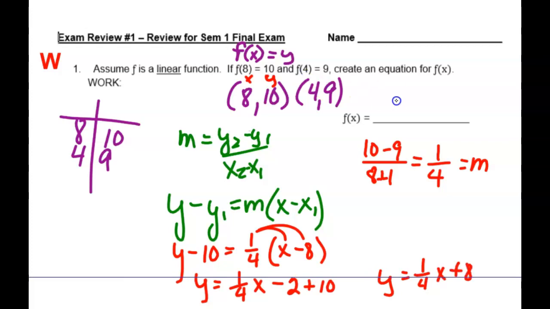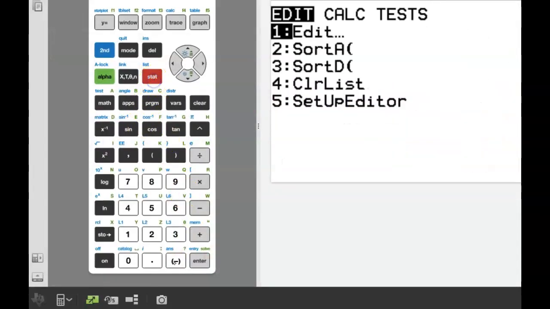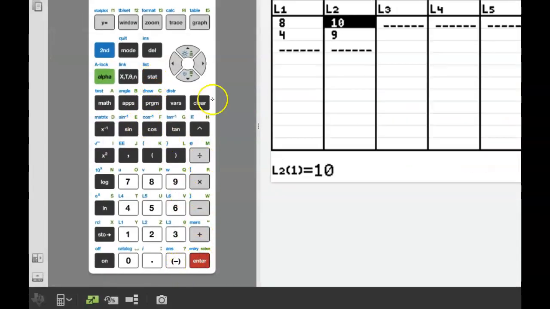Some of you could do this, like I said, by using line of regression. It's stat, enter. Are those the right points? 8, 10, and 4, 9. So you would put them in list 1 and list 2.